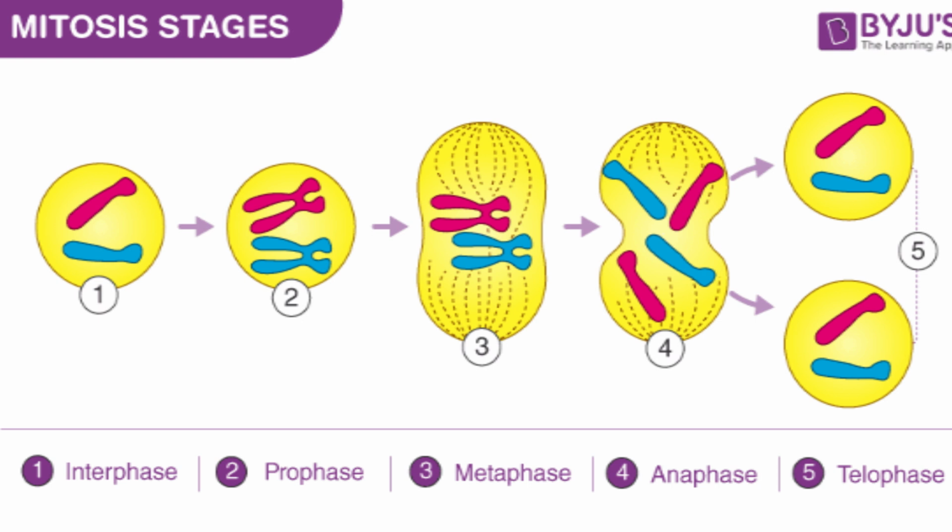Each chromosome already consists of two sister chromatids connected by a centromere. By the end of prophase, the nucleoli disappear and the nuclear envelope breaks down into fragments. In the cytoplasm, the formation of the division spindle begins, composed of microtubules.